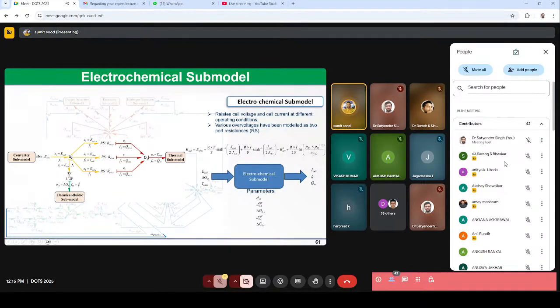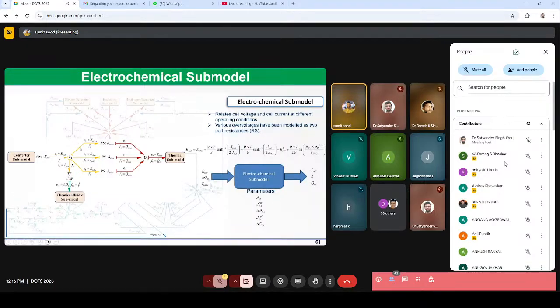This is usually used to represent the equation of the cell voltage, based on the Nernst potential and Butler-Volmer equations from chemistry. We don't need to go into the details, but you just have to see how the bond graph is used to represent it. Here, this irreversible voltage is the voltage used to convert the water into hydrogen and oxygen. That's why it is being transformed into the chemical domain using a transformer.